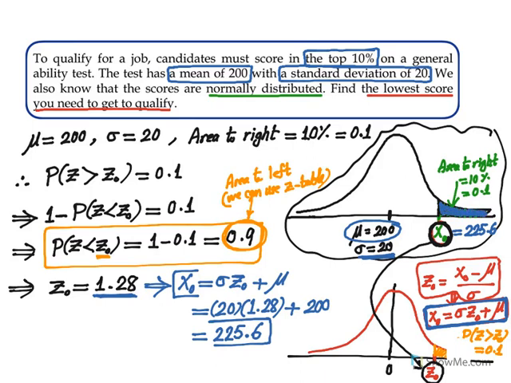Because you want to be in the top 10%, the least grade you should get is 225.6, so that you are the lowest grade in the top 10%. I hope that you understood this question now, and I will stop here.